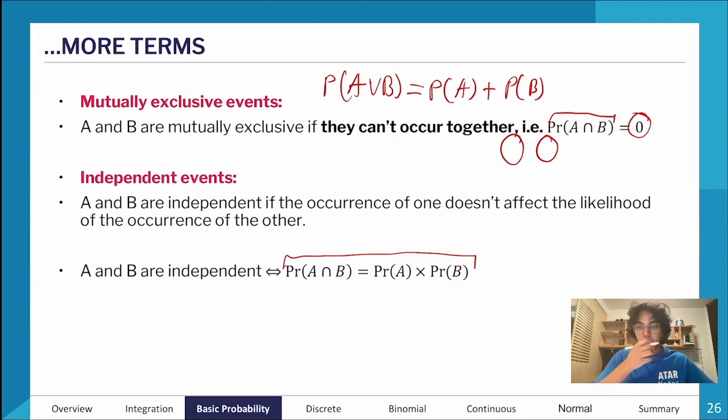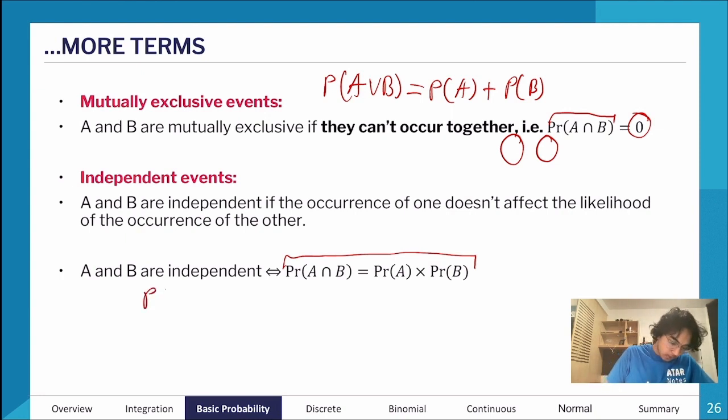A super common question type I've seen is that they'll give you two events. They'll say the probability of this happening is 0.8 and the probability of this happening is 0.2. Are these events independent or not? Maybe they'll also tell you the probability of an intersection.